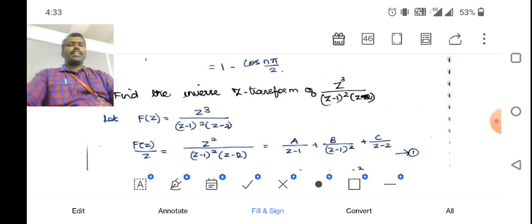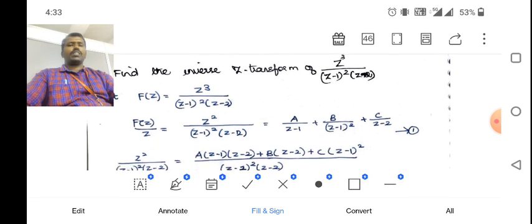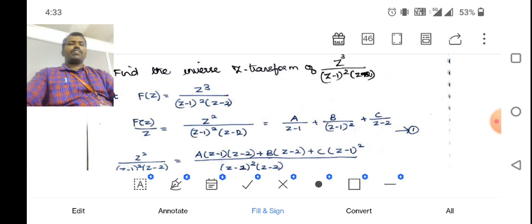Second one: find the inverse Z transform of z cube by (z minus 1) the whole square into (z minus 2). Let f of z equal to z cube by (z minus 1) the whole square into (z minus 2).